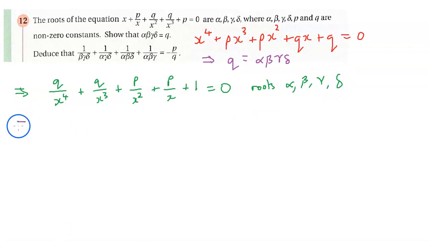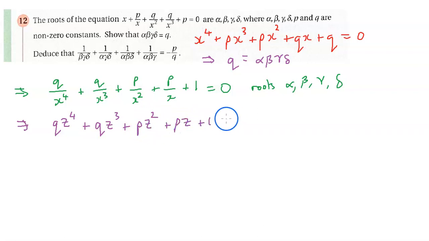And hence from that we can quickly observe that the polynomial qz to the 4 plus qz cubed plus pz squared plus pz plus 1 equals 0 has roots 1 over alpha, 1 over beta, 1 over gamma, and 1 over delta.